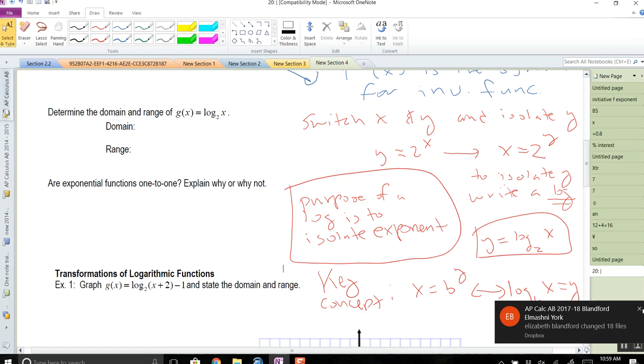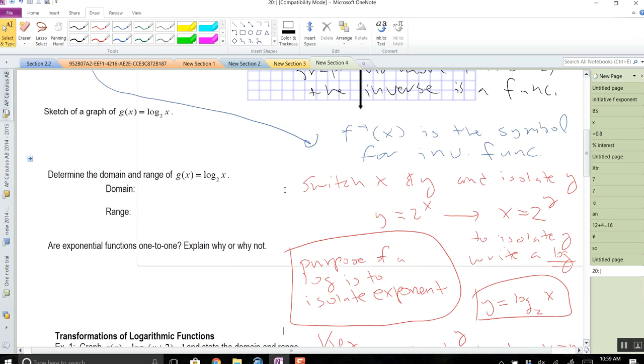So the next thing we're going to do is graph log base 2 of x. I'm going to squeeze in over here. You guys may have a little more room than I do. What we're going to do is really focus on the part when x and y switched. x equals 2 to the y.